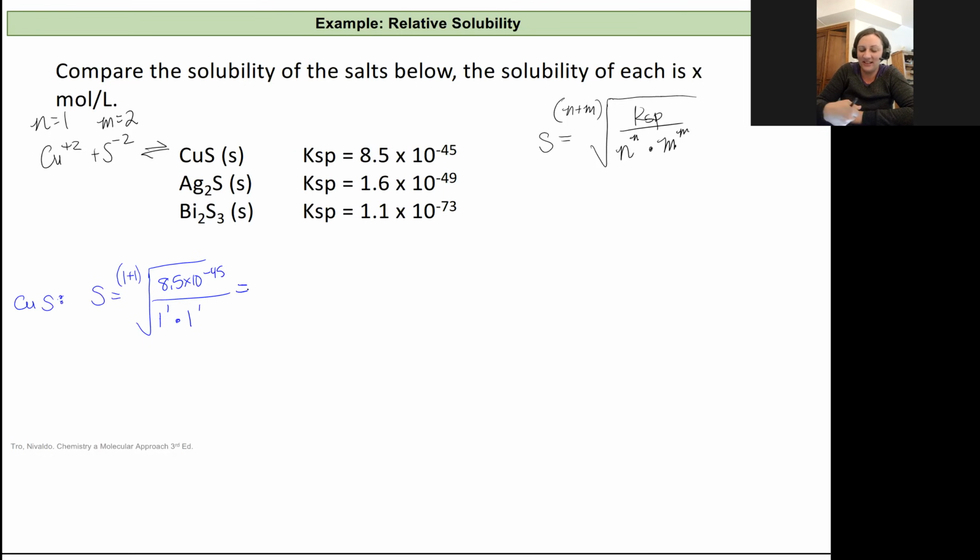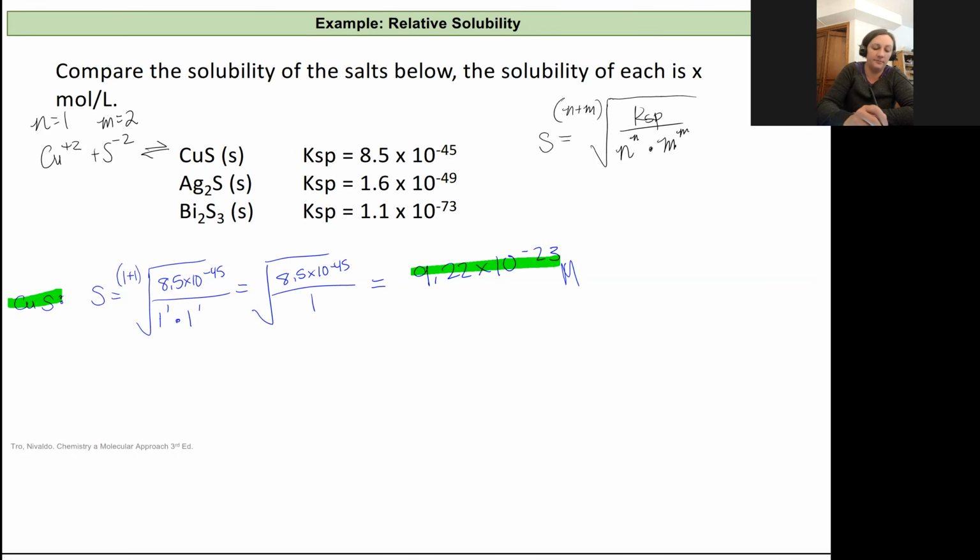When I plug this into my calculator, I'm really taking the square root of 8.5 times 10 to the -45 divided by 1, and I get a value that is 9.22 times 10 to the -23 molar. Sorry, that is the molar solubility for copper sulfide.